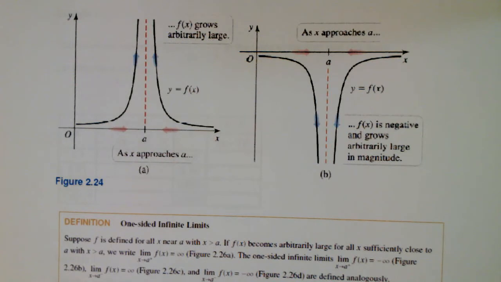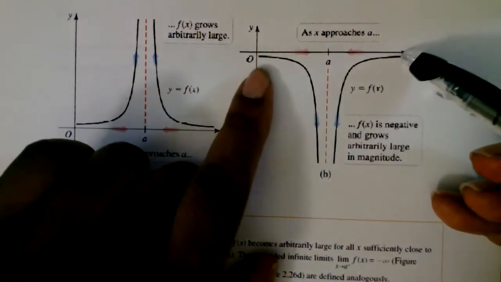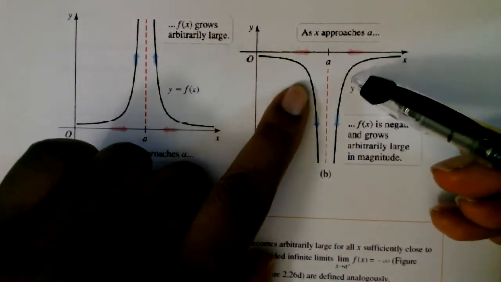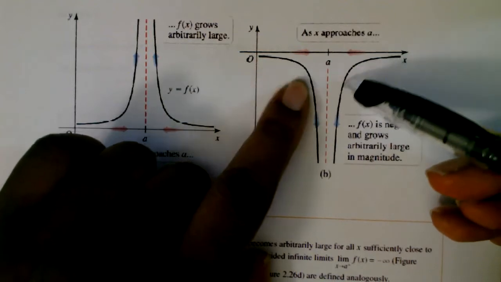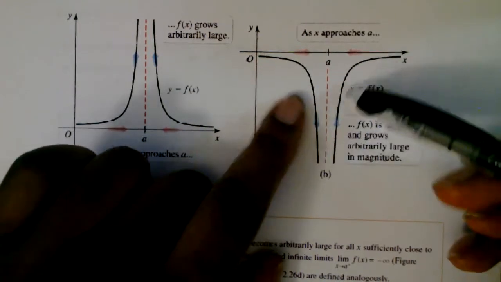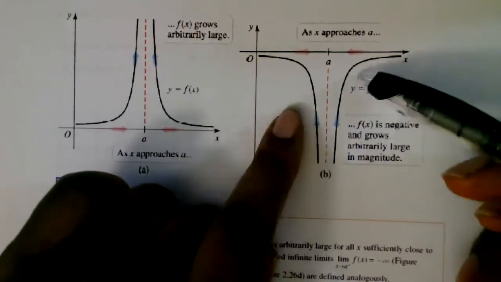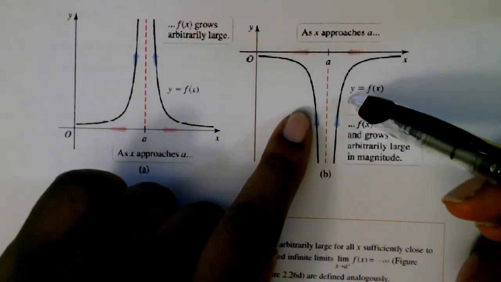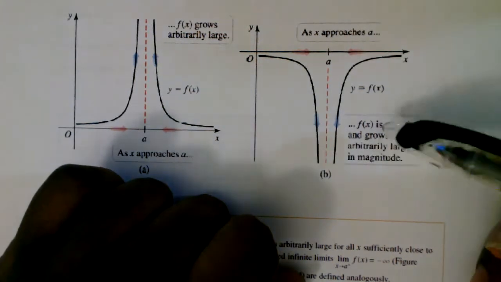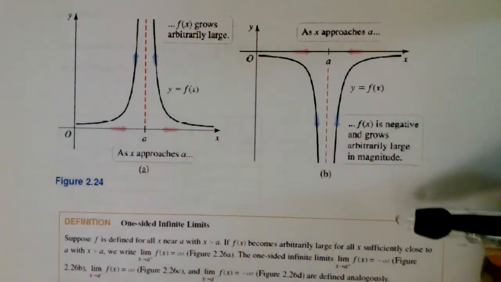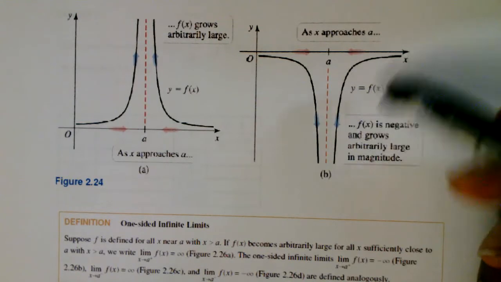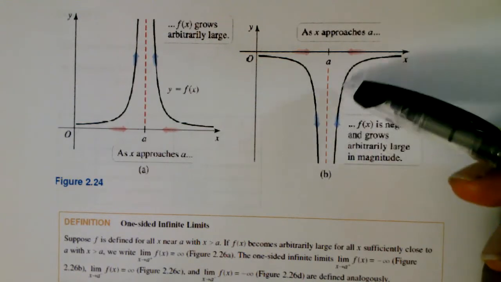It's just getting arbitrarily large. And on this figure on the right, if we let x approach a, then this graph of y equals f of x will get arbitrarily large in magnitude. So here f of x is negative and it grows arbitrarily large in magnitude.